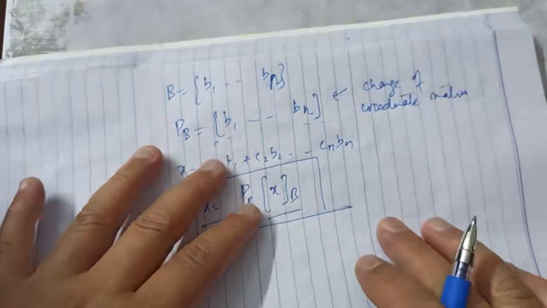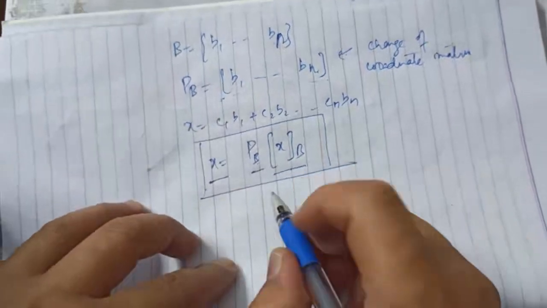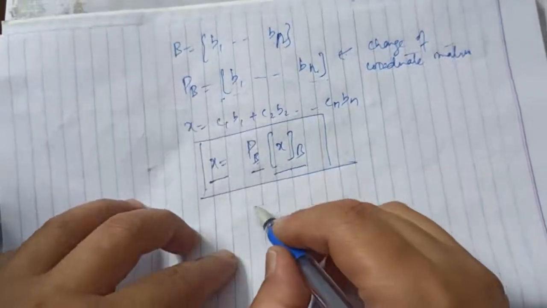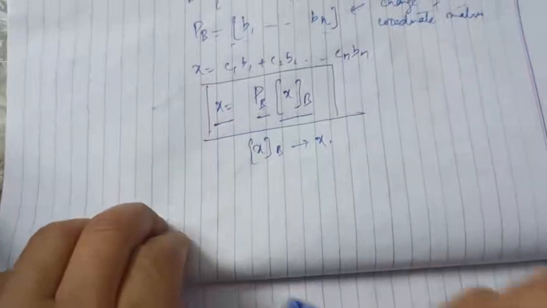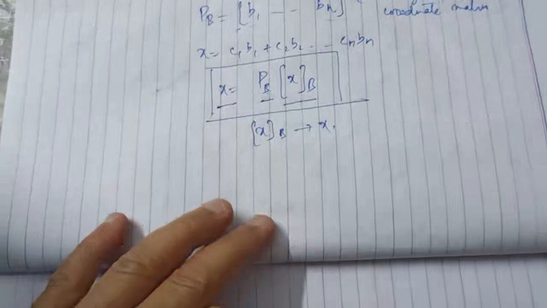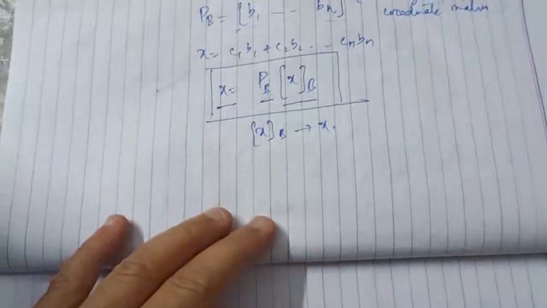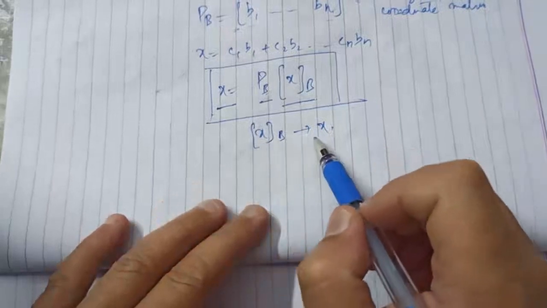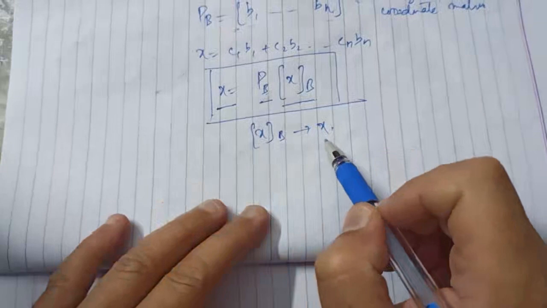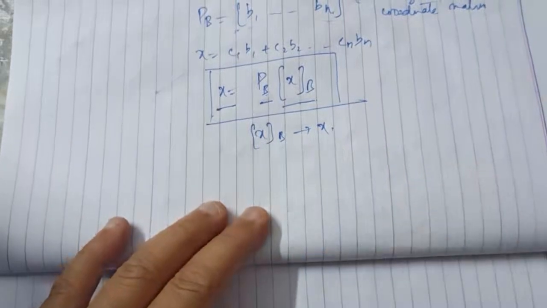Okay, and what it does is basically transform [x]_B into x, right? So P_B is the matrix that transforms the vector x relative to B into x in the standard coordinate system, right?